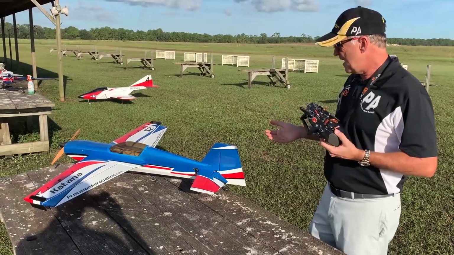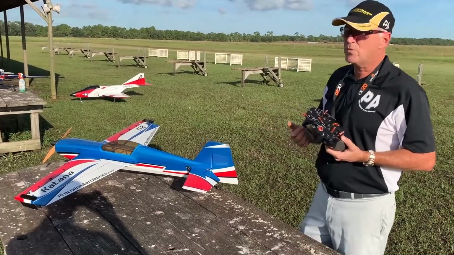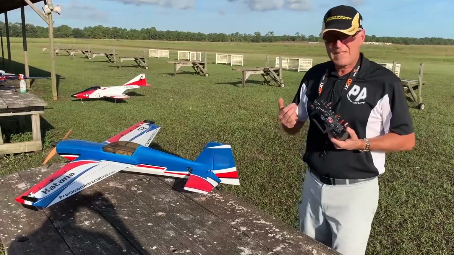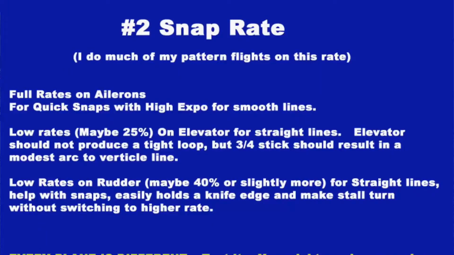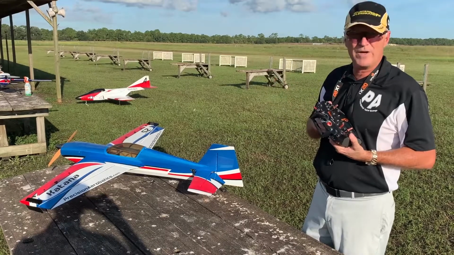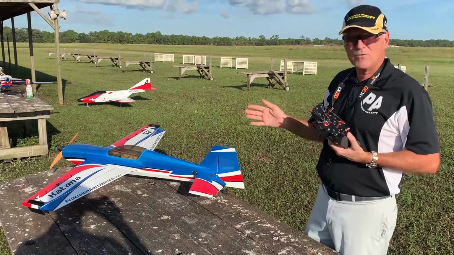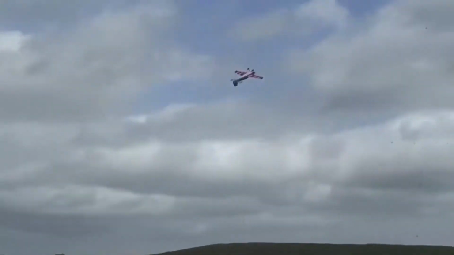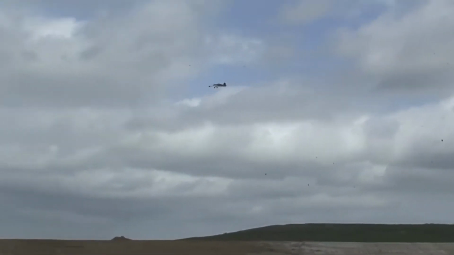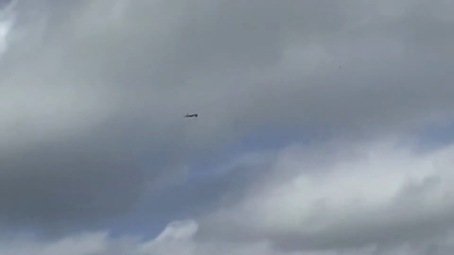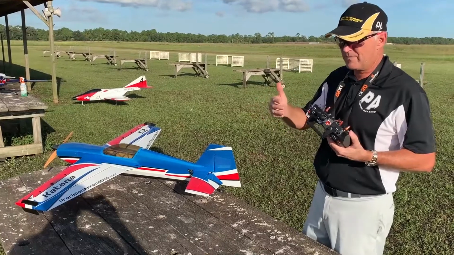The second rate I use is what I call a snap rate. And that means my rudder and elevator are at a really nice precision rate. I have a little extra rudder in there, but my ailerons are very fast. And I also have a fair amount of Expo in there because when I'm trying to fly precisely, I want to make sure it's not too twitchy.